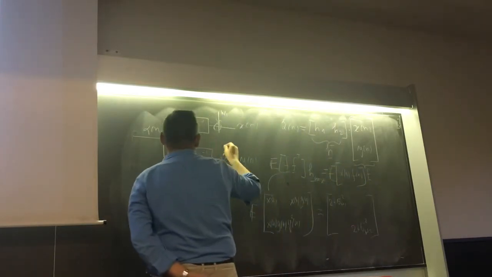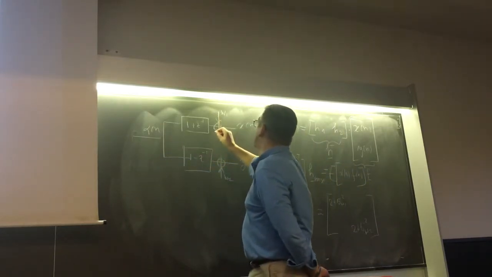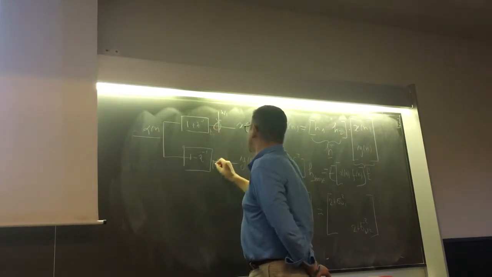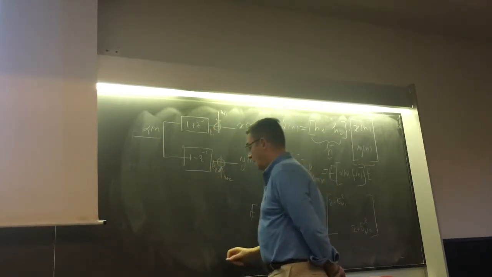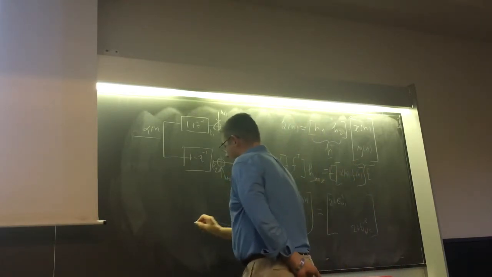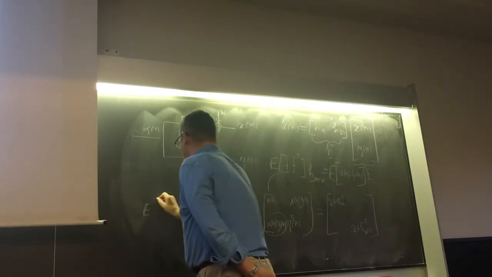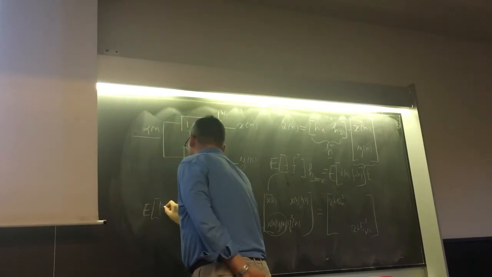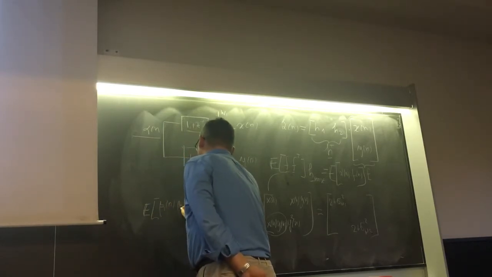We call this one beta 1, beta 2. Then this part is equal to the expectation of beta 1n and beta 2n.